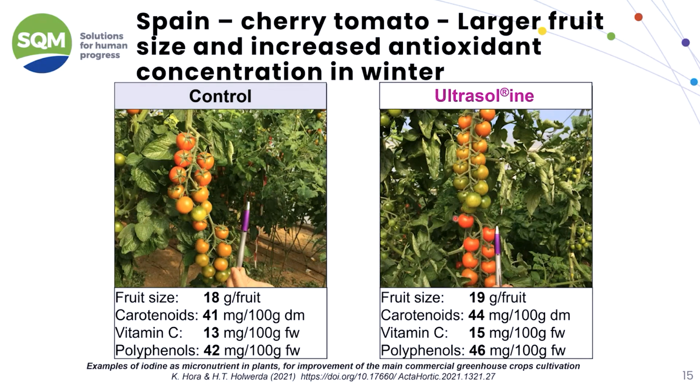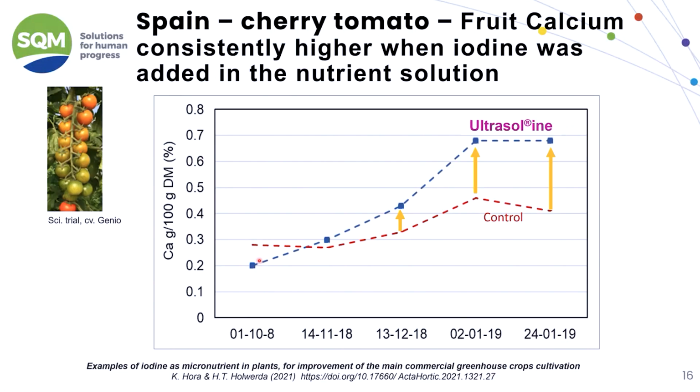We know you can increase the fruit size, or more precisely said, you will lower your chances of having small fruits in the crop due to environmental stresses. You also find more antioxidants in these fruits, but most pronouncedly also we find more calcium in these fruits.